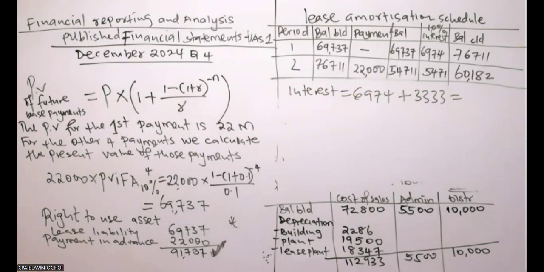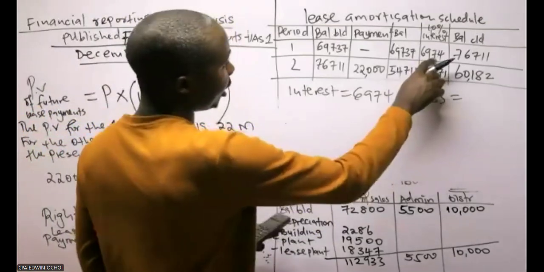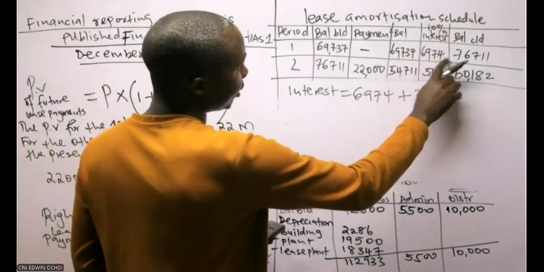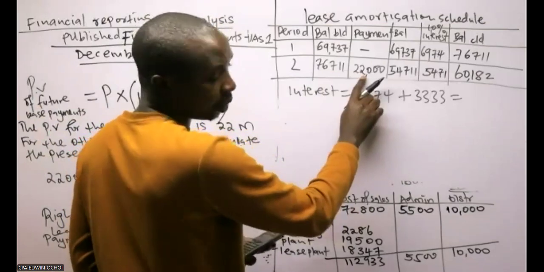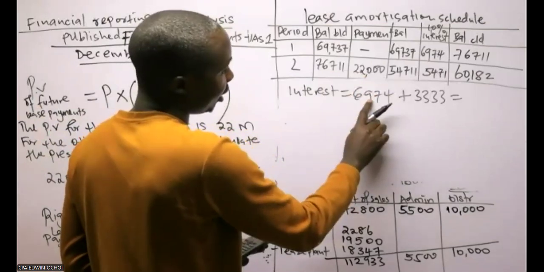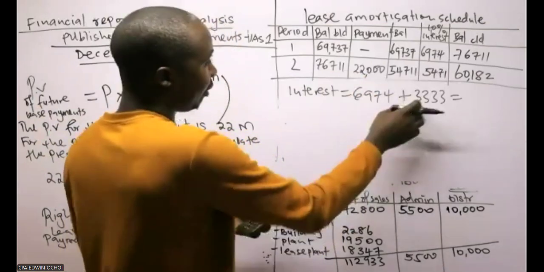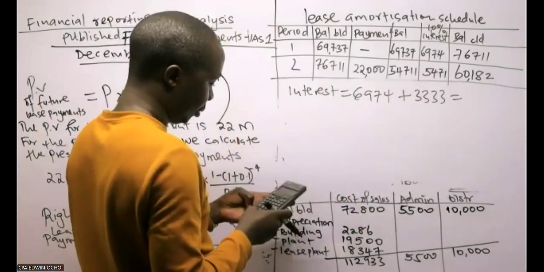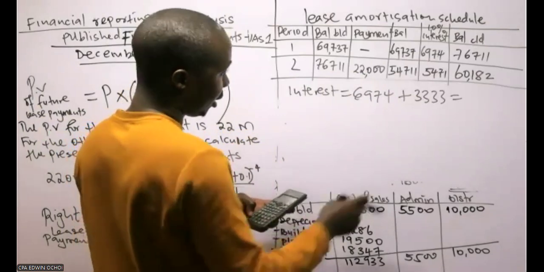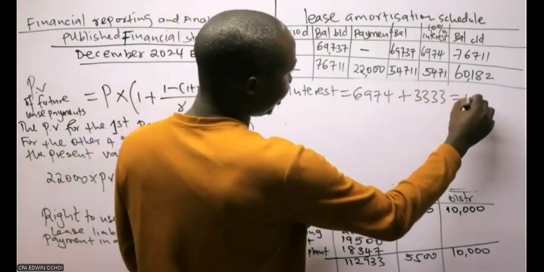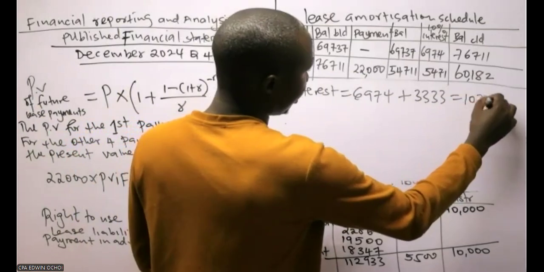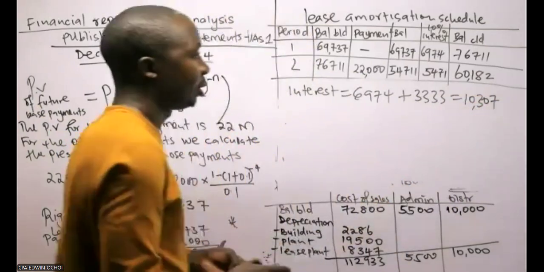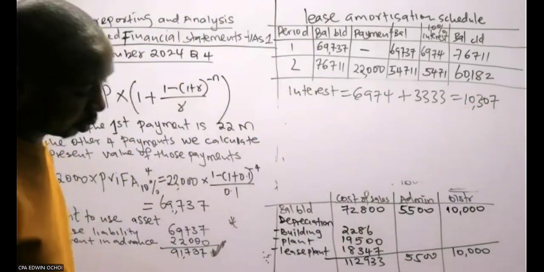This is the one paid in the second year, because we have taken this, added this, brought this here, then we have paid something. So that is 6,974 plus the one for the loan. Our total interest will be 10,307 to the income statement, the statement of profit or loss.